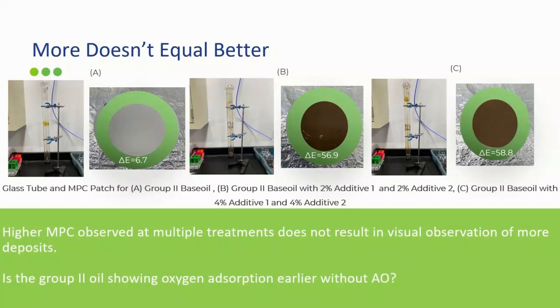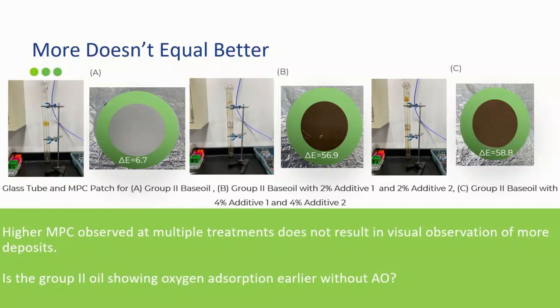And if you're familiar with the MPC method, you know that these values are within the error limits of the method. And it allows us to say, okay, even though there are higher MPCs observed at multiple treatments, it doesn't necessarily mean that this will equate to more visual deposits.